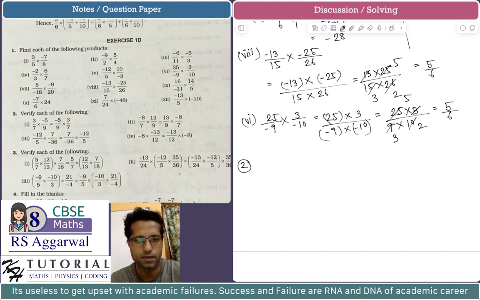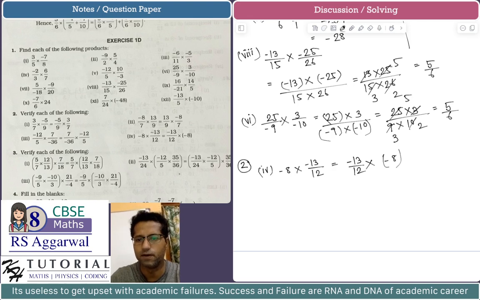As you can see, both the left hand side and the right hand side are the product of two rational numbers. So let's say if we do part 4, it is minus 8 multiplied by minus 13 by 12 is equal to minus 13 by 12 multiplied by minus 8.